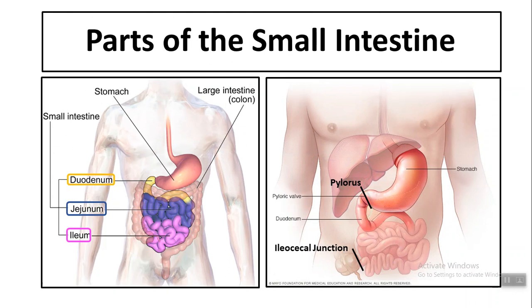The main parts of the small intestine, as we said: the first proximal part is the duodenum, next is the jejunum, and lastly the ileum, which ends at the cecum. The small intestine begins from the pylorus of the stomach down to the ileocecal junction with the cecum.